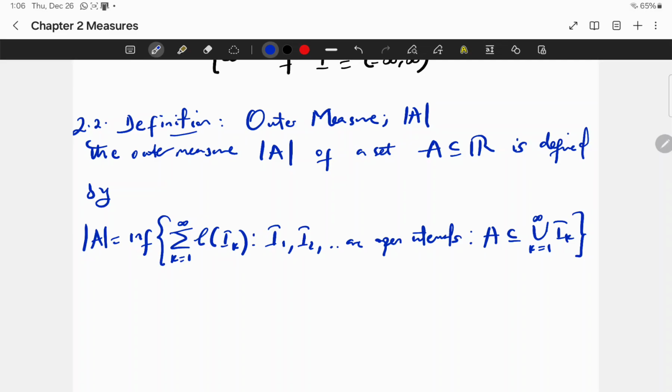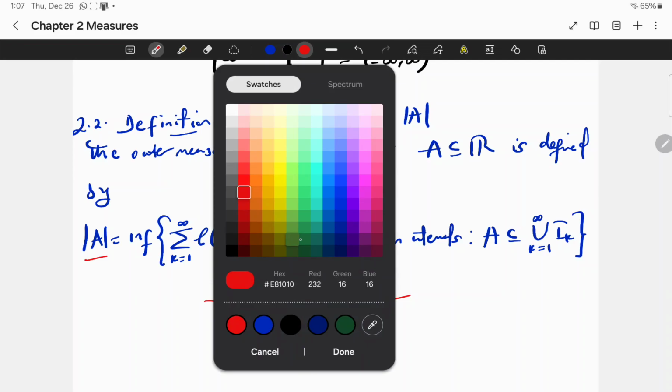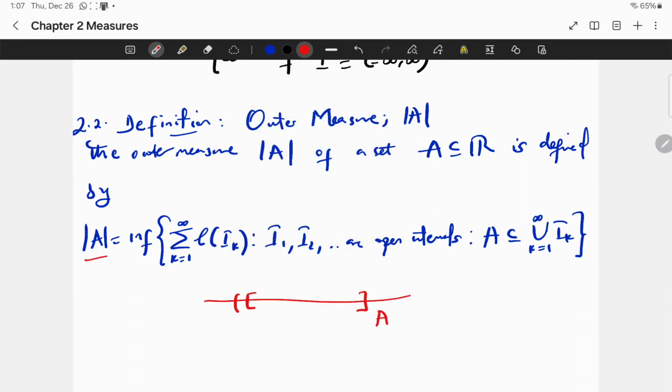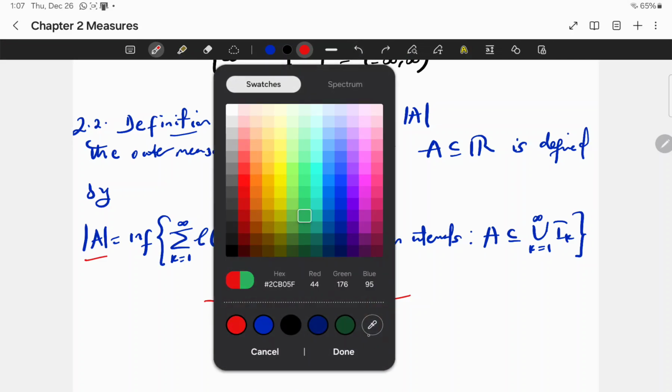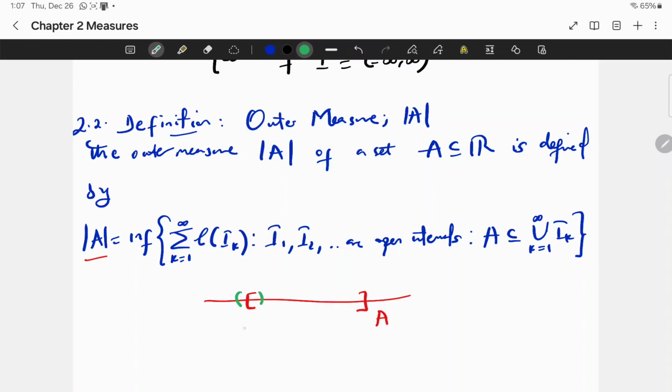The idea is that the size of A should be at most the sum of the lengths of a sequence of open intervals whose union contains A. Then taking the infimum of all such sums gives a reasonable definition of the size of A. For example, if this is our A, then we can get some open intervals, which we call I_1, I_2, I_3, I_4, I_5.